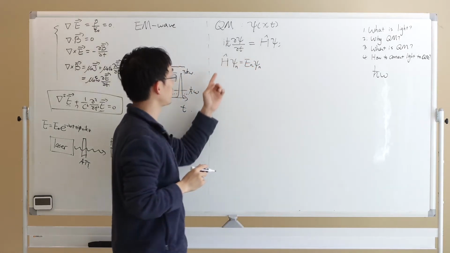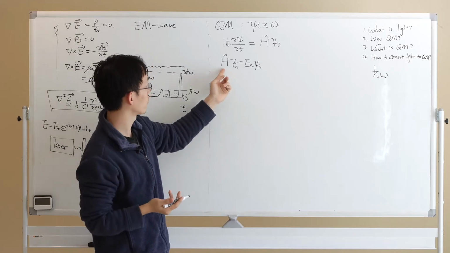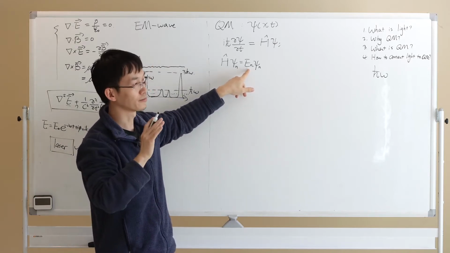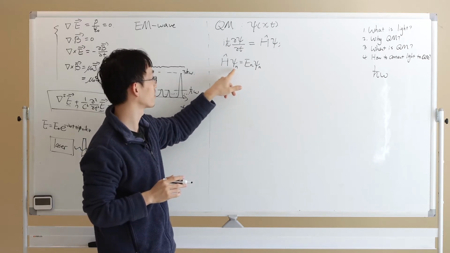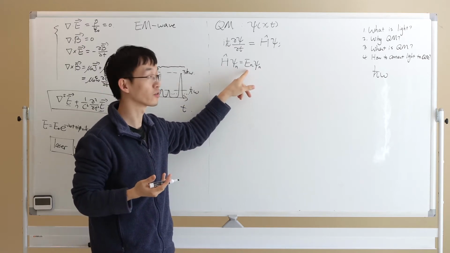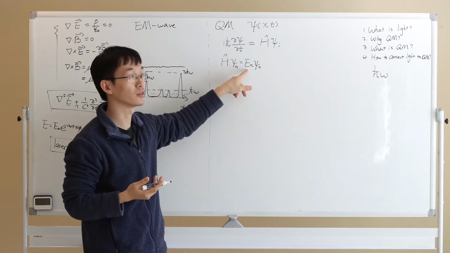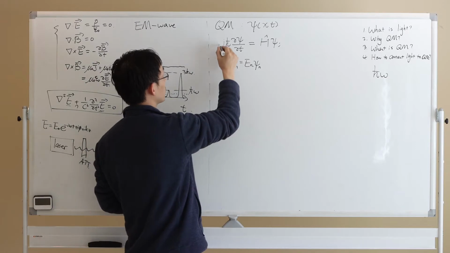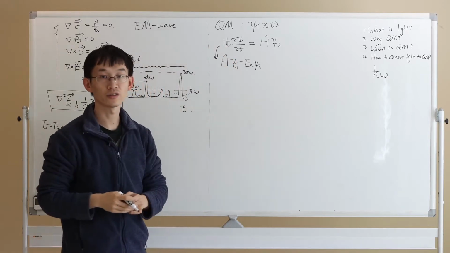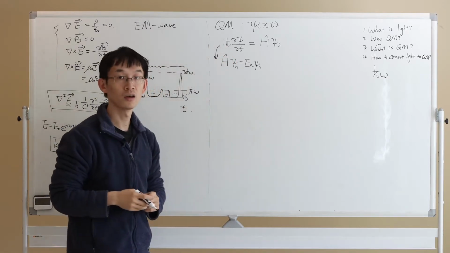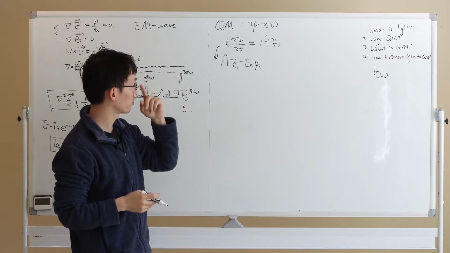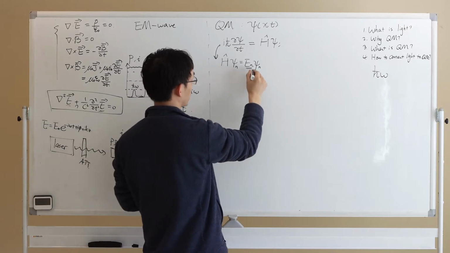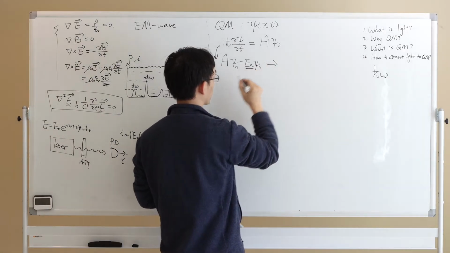Because H has the dimension of energy, the eigenvalue of this eigenfunction must have the dimension of energy, so that's why we use En here as energy. You can convert from here to here by using separation of variables, eliminating the time term. We've done that in the previous class.